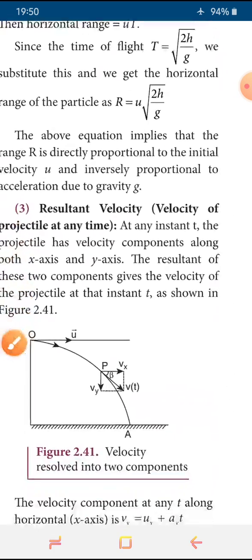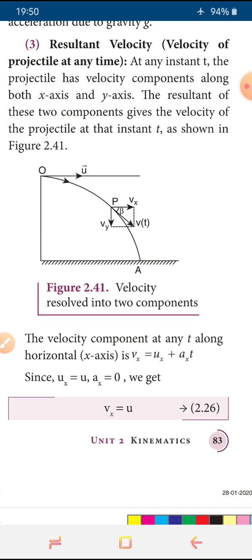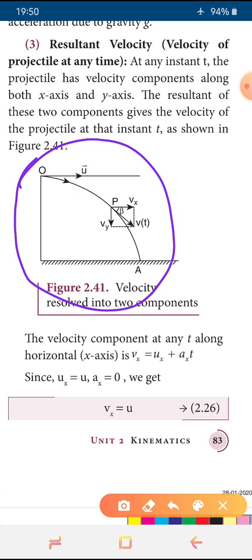Okay, and next, third, we are moving to resultant velocity. So the velocity of the projectile at any time. So resultant velocity we are going to calculate in this equation. For that we have a diagram which is given here.